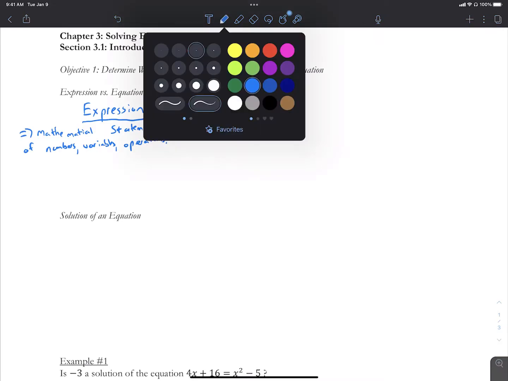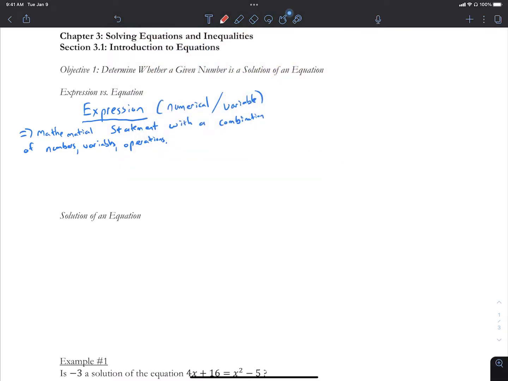Where an equation is always in the form of an expression equals an expression. So an equation is showing where two expressions are equivalent or equal to each other.